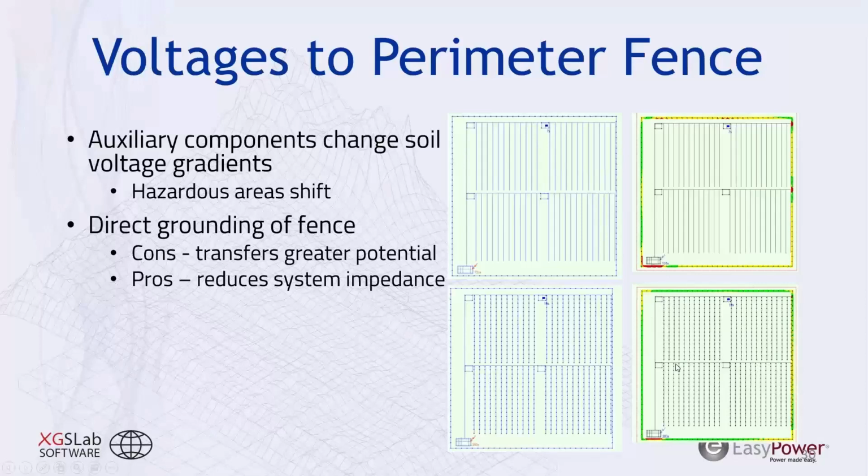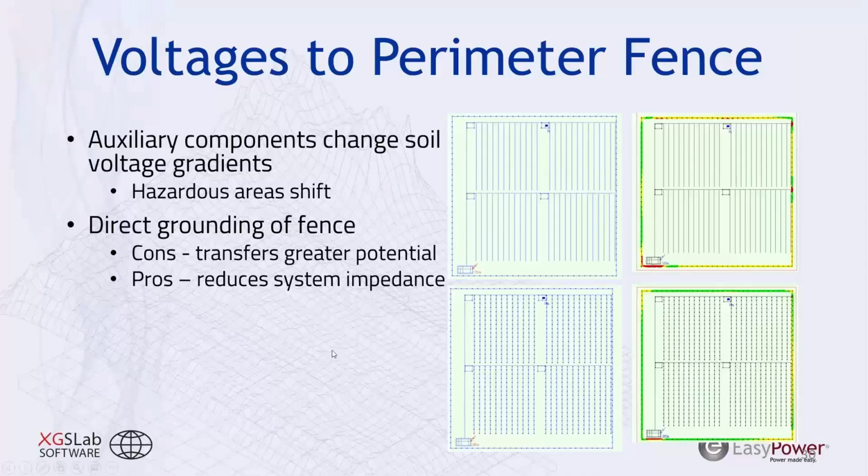That may or may not be a good idea depending on, again, your system geometry and your soil environment. If you are running a direct bond to your outer grounding system, it can help in reducing your grounding system impedance. But again, photovoltaic systems generally are very large and will have a lower system impedance overall, but it's something to consider.